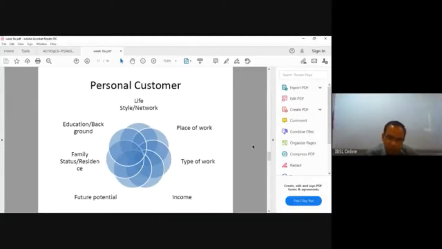So their lifestyle matters. Sometimes somebody who is having a 150 to 200,000 salary is spending on 5-star hotels and going clubbing and all that, which doesn't really suit. So lifestyle.